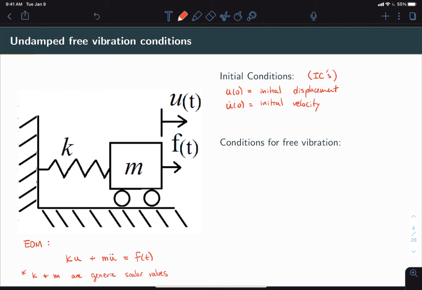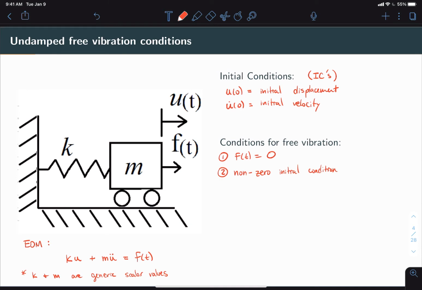Now, the conditions for free vibration are two. The first is that the force on the system has to be 0. Okay, that's what it means for the system to be in free vibration. It is unforced. And therefore, in order for it to have any motion at all, the second condition is that at least one of the initial conditions has to be non-zero.